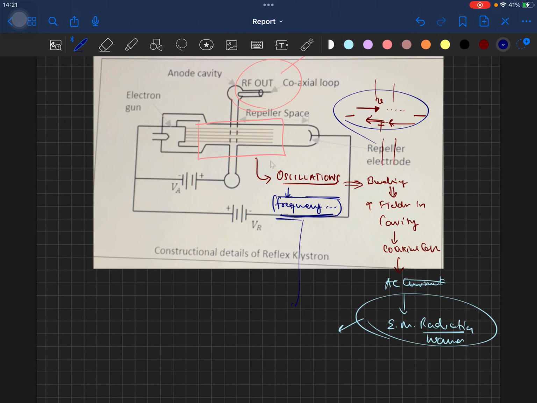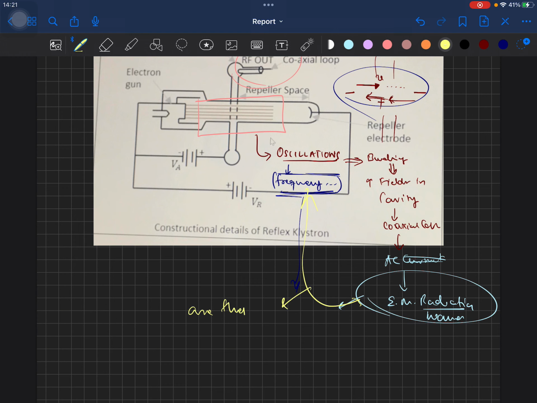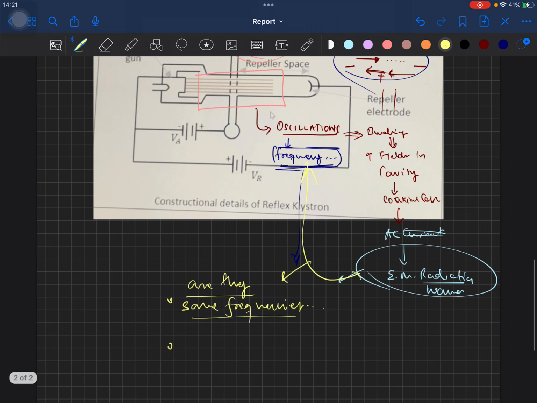The frequency of this is equal to the frequency of this. Are they the same frequencies? Does it even matter? Maybe not. But it's always important to know what's happening inside, right? There's a certain frequency. You get a certain frequency. So it dictates what voltage you need, and that sort of stuff.